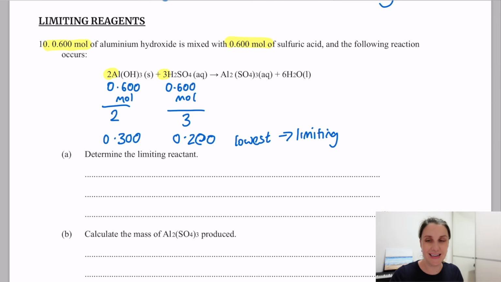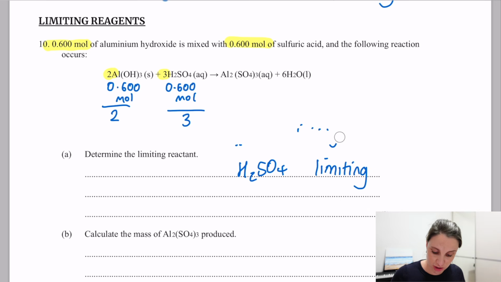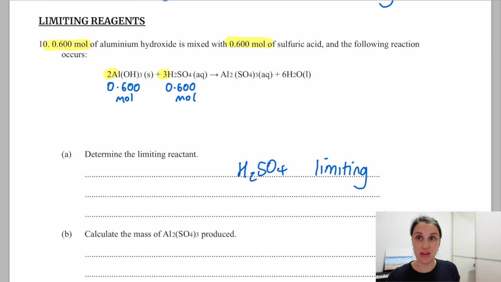So if it's not quite as easy to see which one's going to run out first, you should do this. So in my case, the sulfuric acid, the H2SO4, is limiting. Okay, so this calculation that we did here was really just to work out which one was limiting. We can't use it in our further calculations. It was just a little trick to help us to work it out.